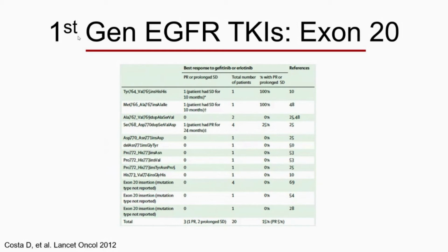You can see in a number of these studies really no responses, albeit these are essentially case reports. And Dr. Costa and his team added things up. They saw about 15% of patients with exon 20 mutations actually responding.